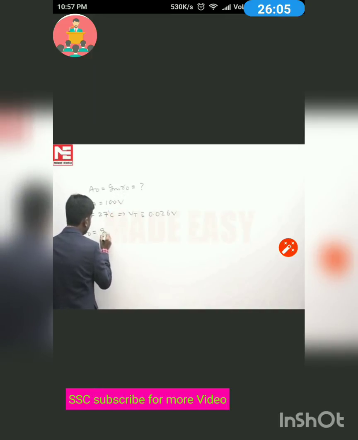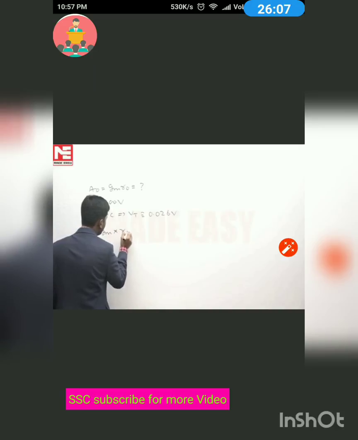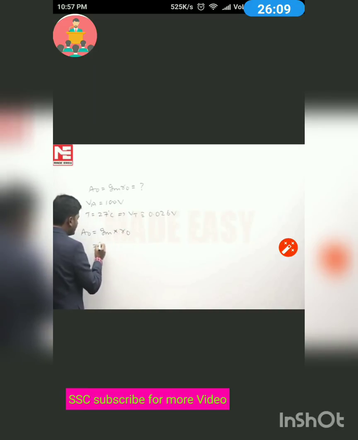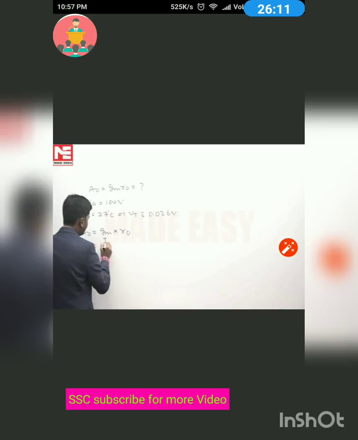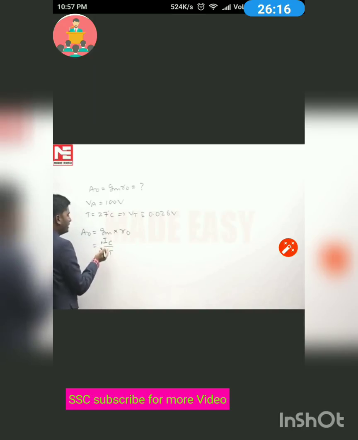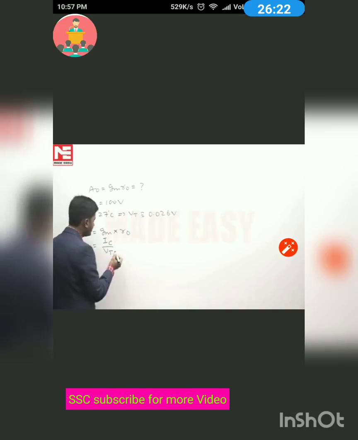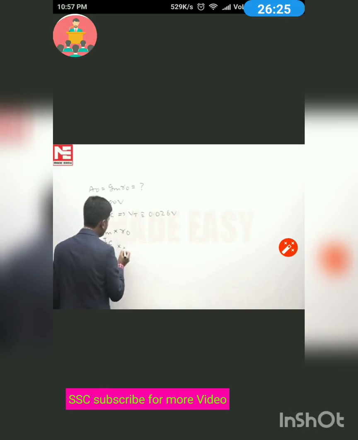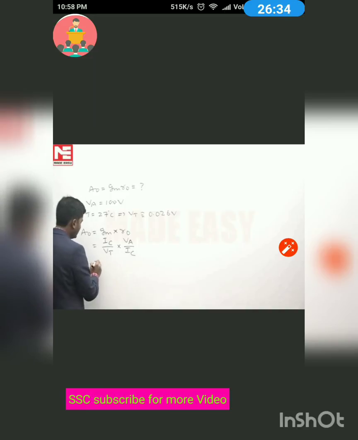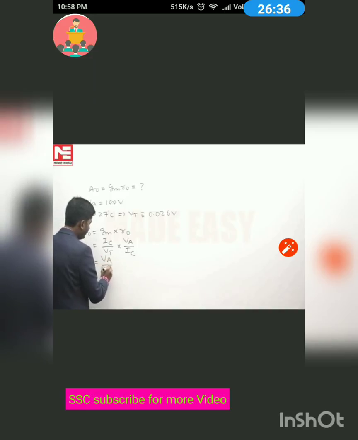A0 is equal to gm multiplied by r0. That gm is transconductance, it will be collector current divided by thermal voltage. That IC is called operating current or DC collector current of the BJT, divided by thermal voltage. That will give you transconductance, and this is multiplied by r0. r0 is approximately early voltage divided by the collector current. That IC term will cancel out, it becomes VA divided by VT.